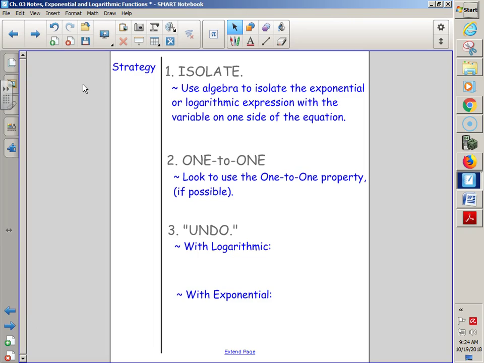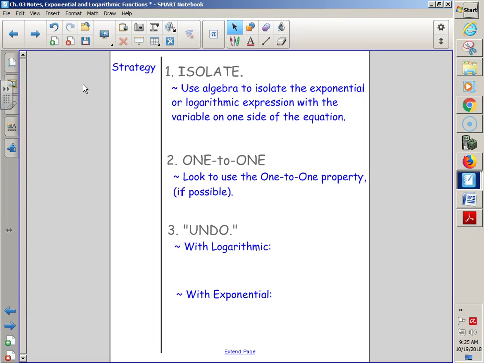Ooh, isolate. This could go into gameplay too. If you're trying to get to the x, you want to isolate him as much as possible.